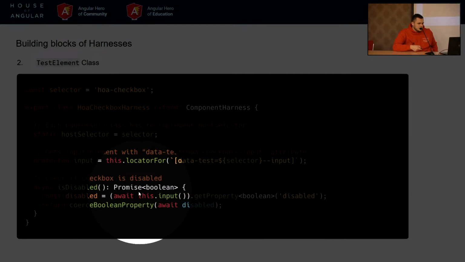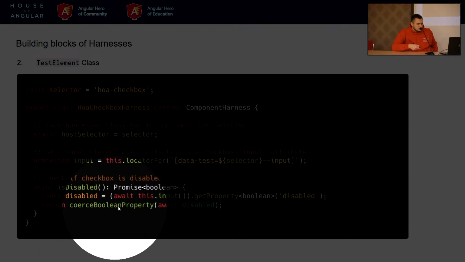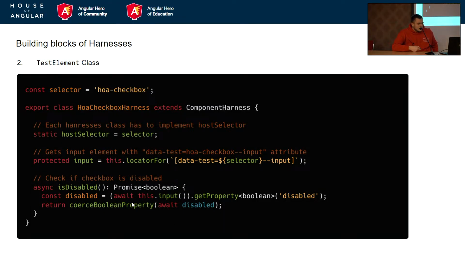Here is the function from Angular to narrow some types to Boolean. And that's it. So in my example, I'm not exposing the input and letting the user check by himself whether my component is disabled. If I know that my component could be in a disabled state, I would rather expose a method which provides him with information regarding the state of my component, so whether it's disabled, instead of letting him just use this input and check it by himself.